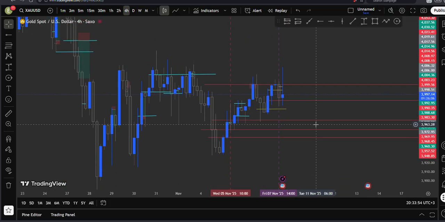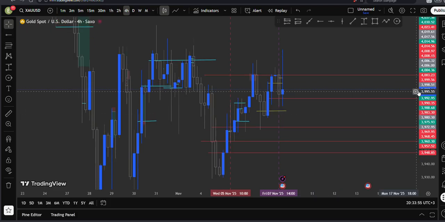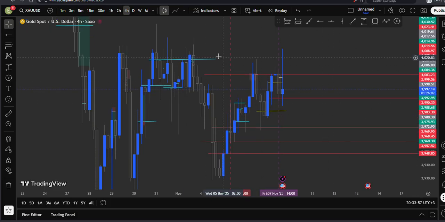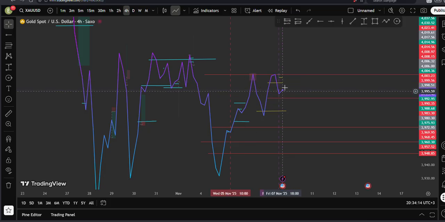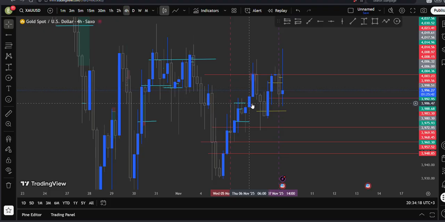So why I didn't take a long-term trade: when you see here, the market was coming, it made a break of structure, I mean a change of character from here, so we are bullish. But the market was making a lot of spikes here.